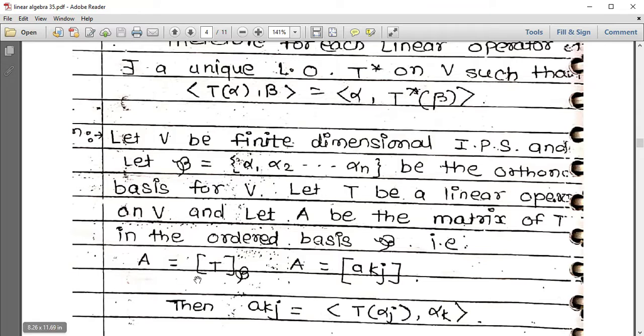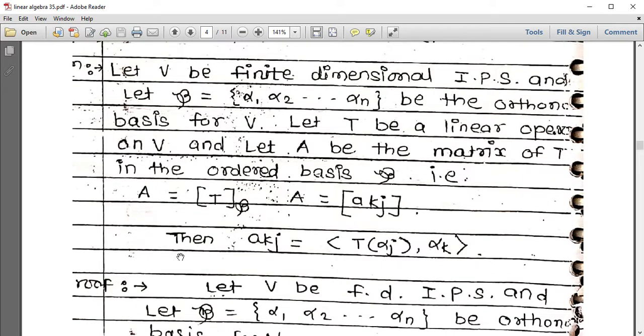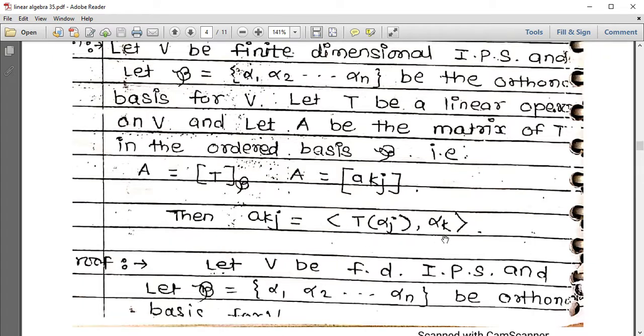That is, A is equal to the matrix of T with respect to basis beta, that is, A is equal to A kj. These are the elements of the matrix capital A. Then all the elements A kj are of the form A kj is equal to inner product of T of alpha j and alpha k.